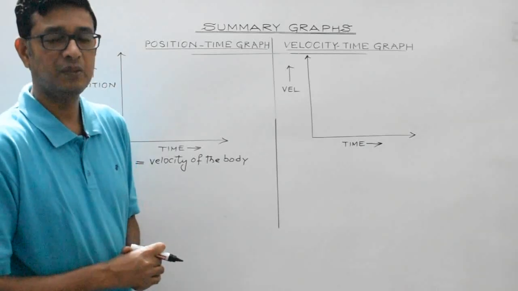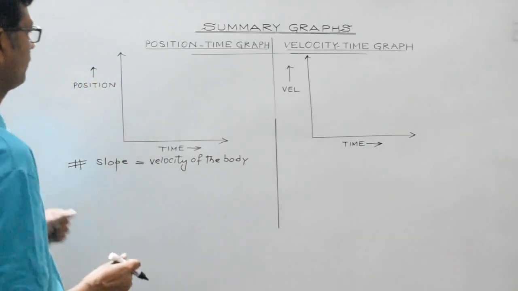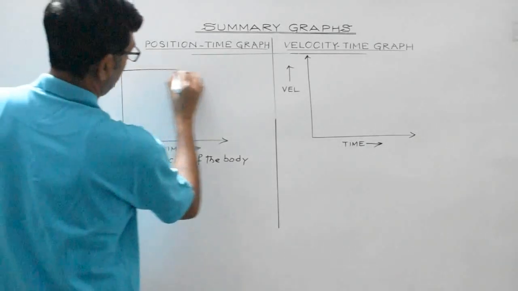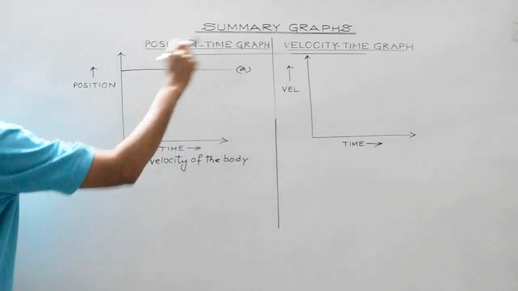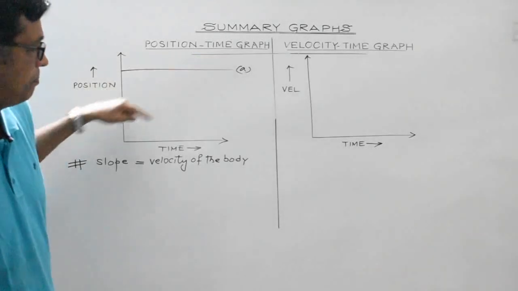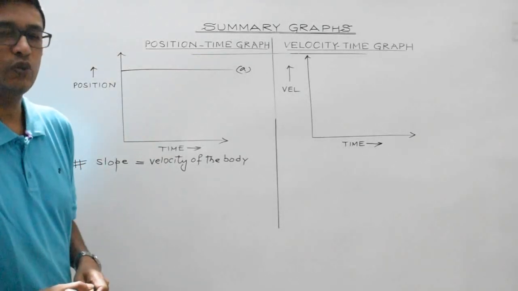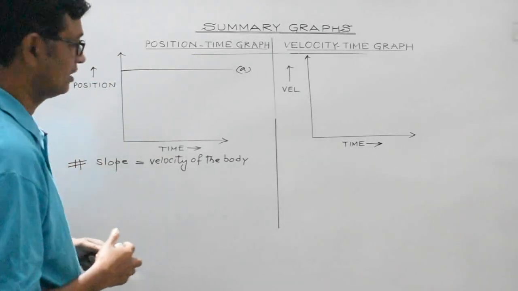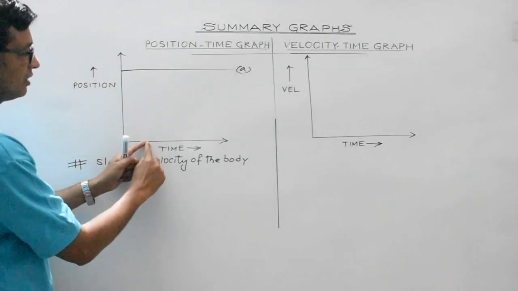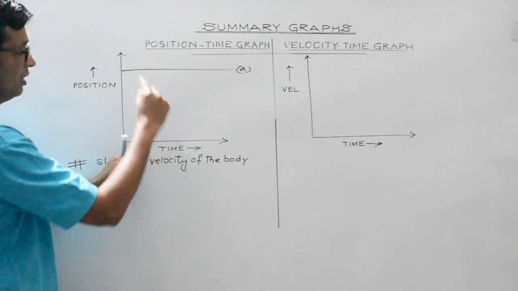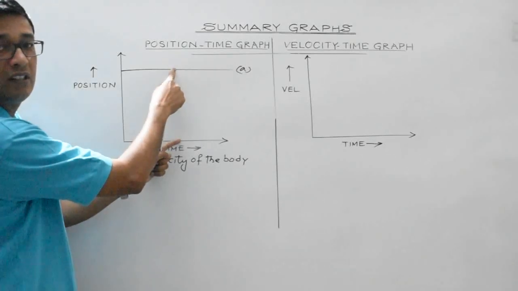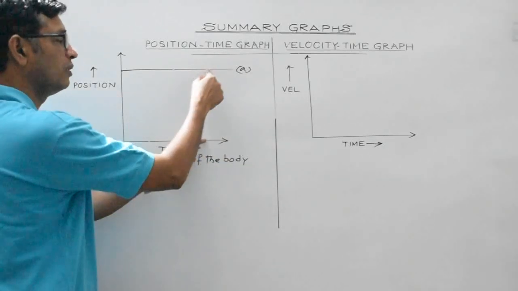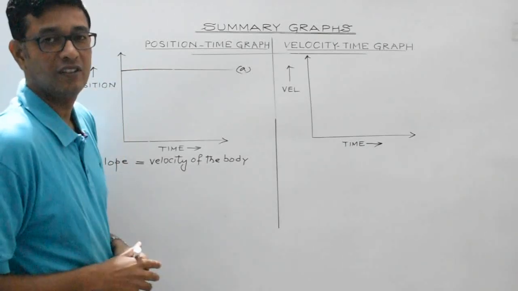Now let's discuss the position time graph in detail. It can be like this. Let's consider this graph. This is A. It's a straight line parallel to the time axis. Students, what does it represent? With the passage of time, at this instant, the body is at this position. At some later instant also, the body is at the same position. At some other instant, the body again remains at its same position.